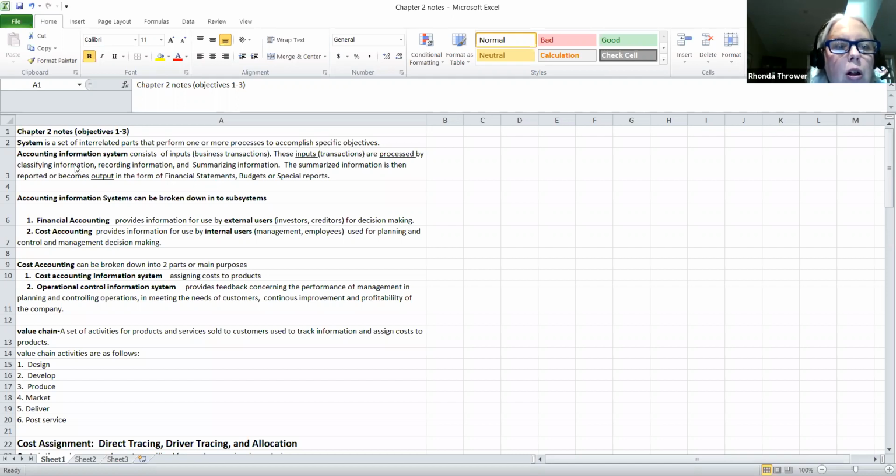So there's a general overall accounting information system, which you've learned about in previous accounting courses that you've taken. Then what they do is break this main general accounting information system down into two subsystems, which we're going to call financial accounting and cost accounting.